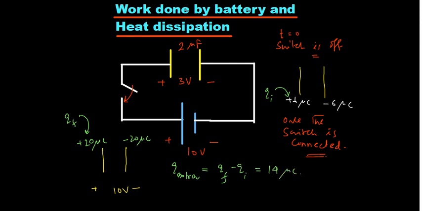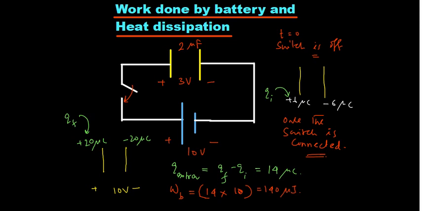This is the extra charge the battery has supplied to the capacitor to get it charged completely. So what is the work done by the battery? Work done by the battery is Q extra into delta V, that is 14 into 10, which is 140 microjoule.